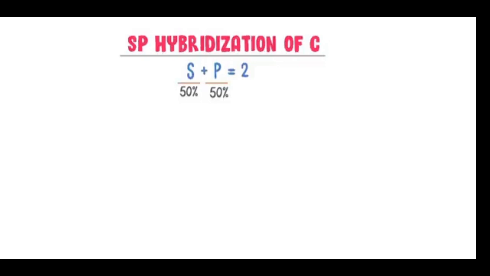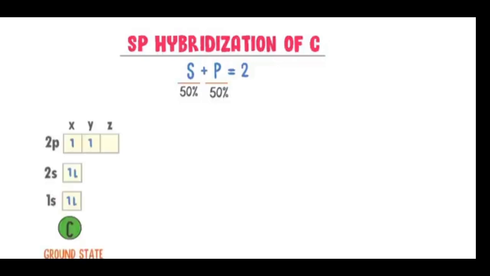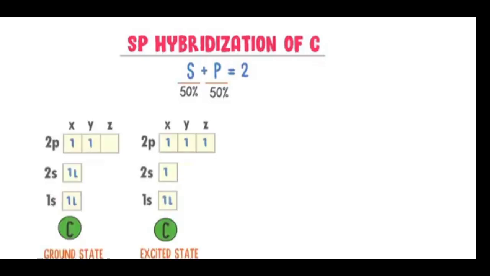Well, again consider carbon in the ground state and an excited state. We know that in sp hybridization, only 1 s and 1 p orbital are combined together to form sp hybridization. Hence, in the excited state, the 2s orbital and only the x orbital of 2p combine together to form 2 sp hybrid orbitals.